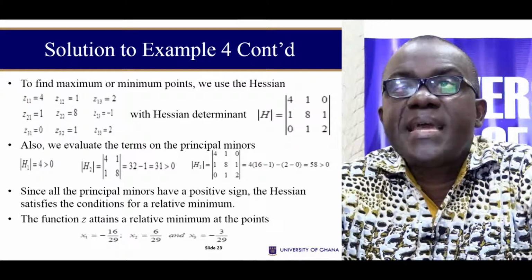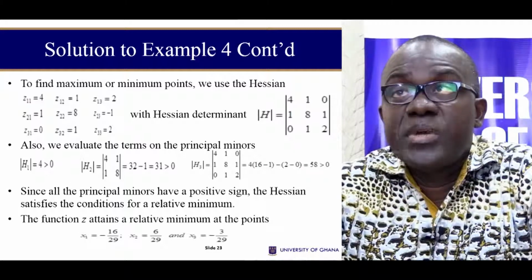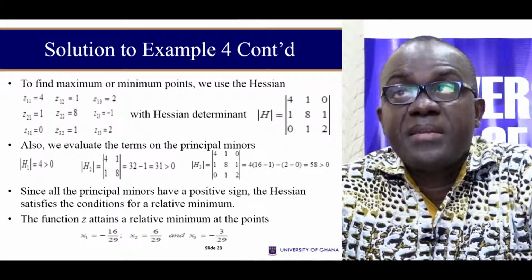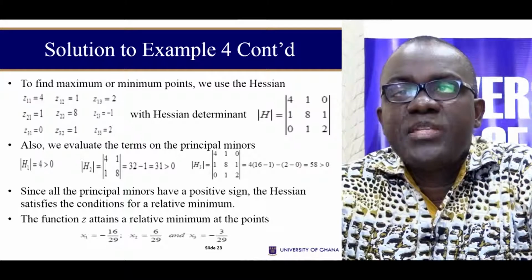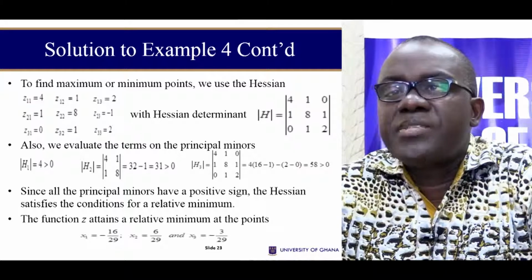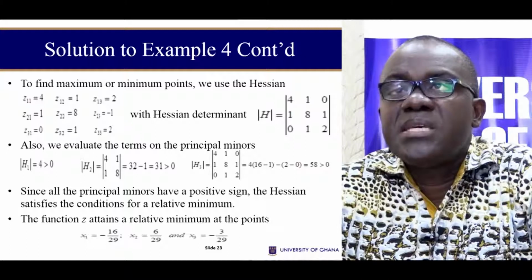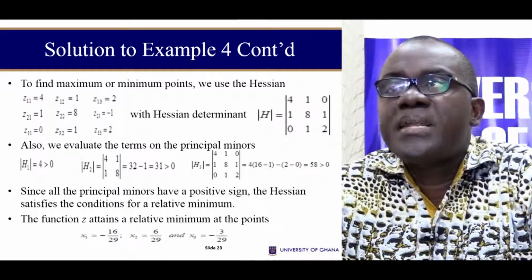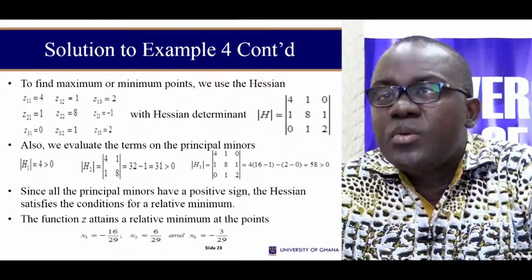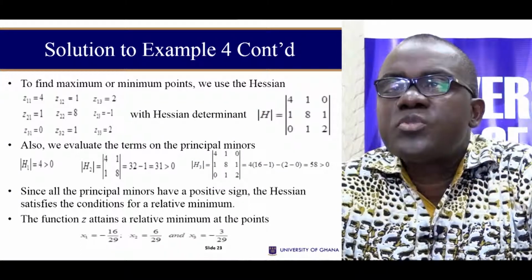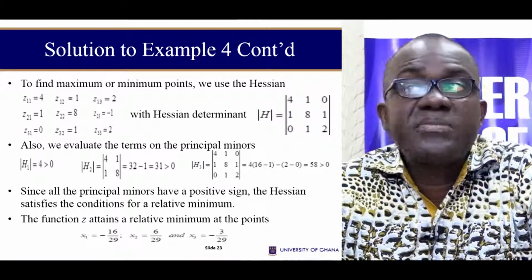Now, we find the second order derivatives, okay? So when we take the second order derivatives, we get this equation. So we have formed our Hessian, okay? And this is our H1, our H2, and this is our H3. The next point is to see the values of these H1, H2, and H3. And then you can see that in this situation, they have positive signs.